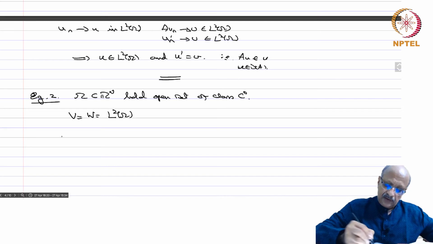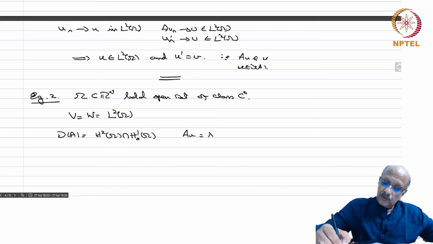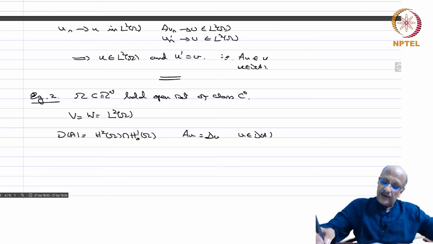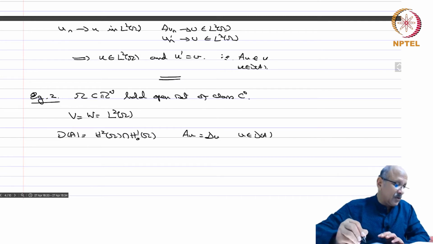I want to define A. So the domain of A I have to first define. I am going to define this as H2 of omega intersection H1 0 of omega, and A of u is equal to Laplacian u for u in D of A. It is well defined because u is in H2, so the Laplacian will be in L2, and then I am just adding that it is in H1 0 of omega.